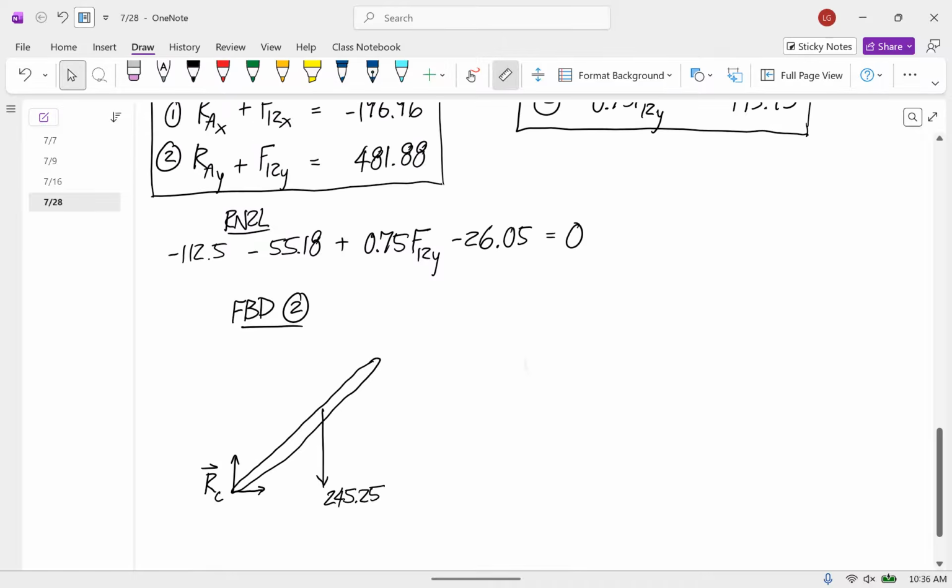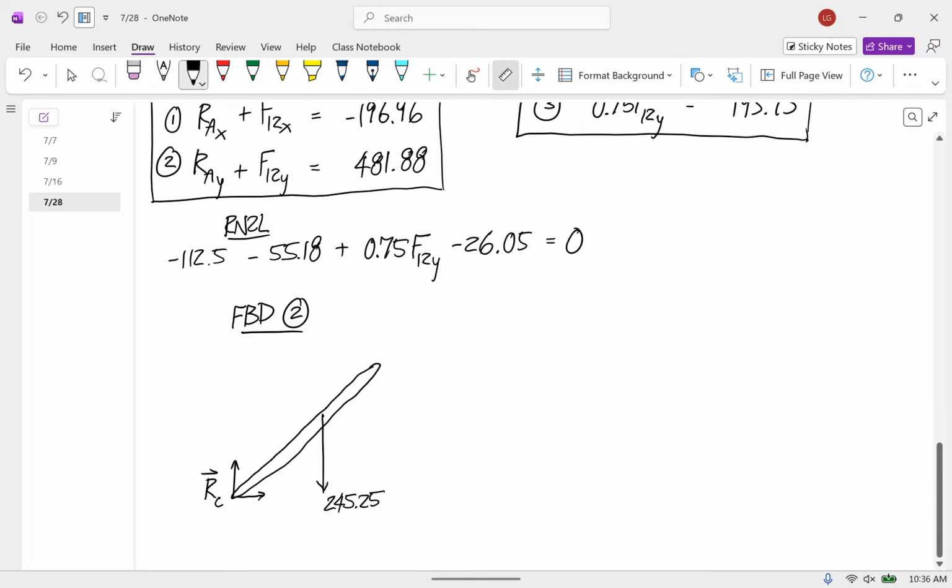And then we'll go up to the connection between bodies 1 and 2. That's a pin joint, so it's an unknown force vector. And it is the force onto by 1. And then this is an important step. If we left it like this, we would end up with a system of equations that's unsolvable.